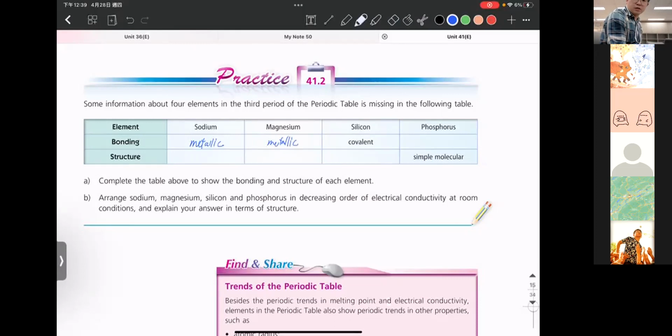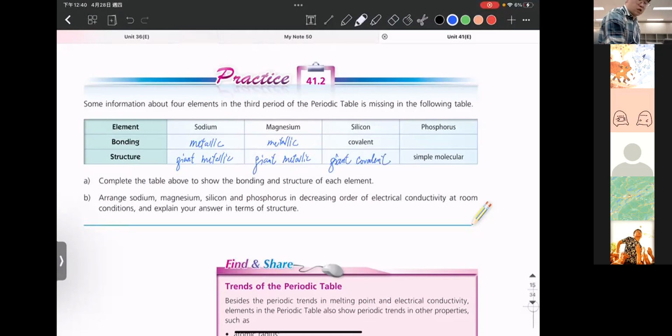So the structure is giant metallic structure. So what else for silicon? Being covalent, covalent bond between atoms. So it will have an extended network. The structure, it is giant covalent structure.